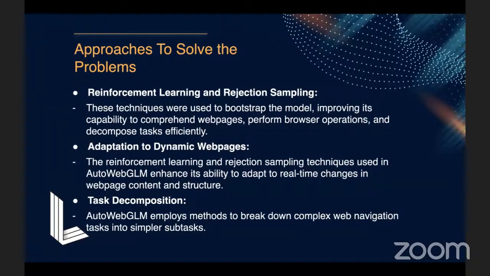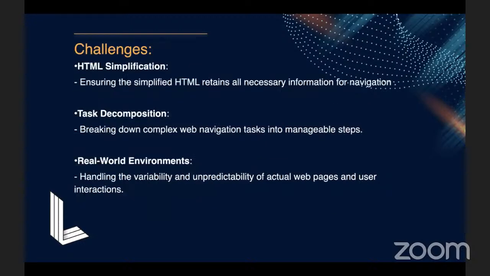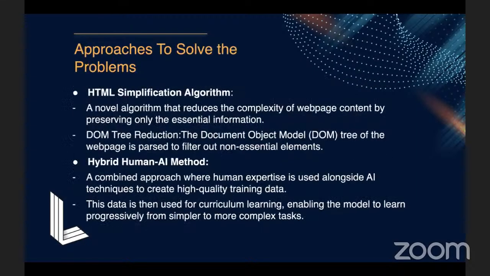Also, it follows task decomposition. It breaks down complex navigation tasks into simpler subtasks, which is followed by most of the agents. So what are the challenges here? We know that the HTML simplification algorithm is quite challenging, to follow this DOM tree reduction.